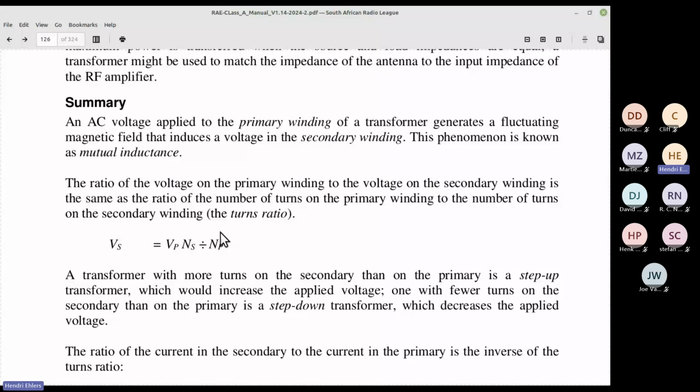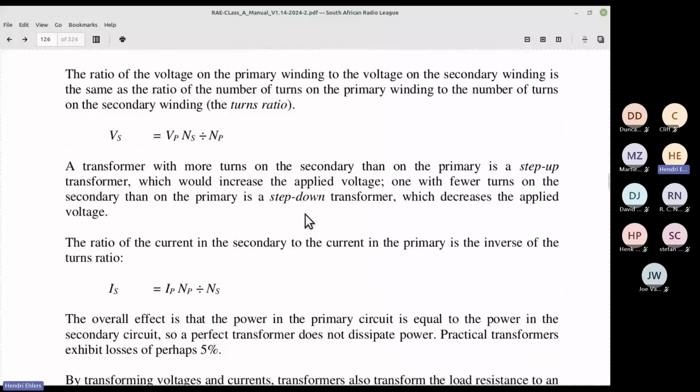The ratio of voltage on the primary winding to the voltage on the secondary winding is the same as the ratio of the number of turns on the primary winding to the number of turns on the secondary winding. And that is the turns ratio. I think it's very easy to understand.